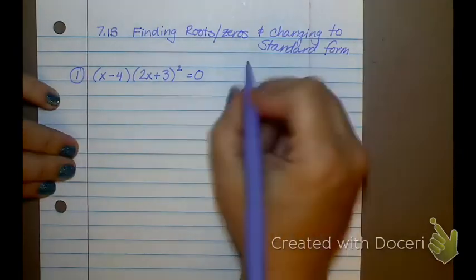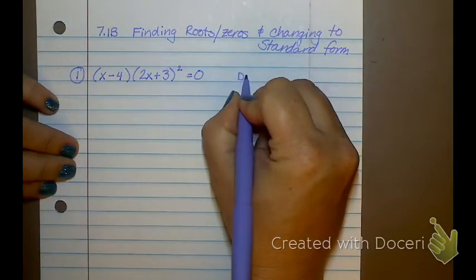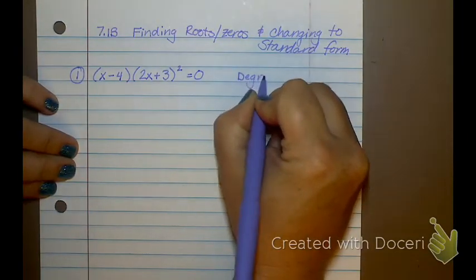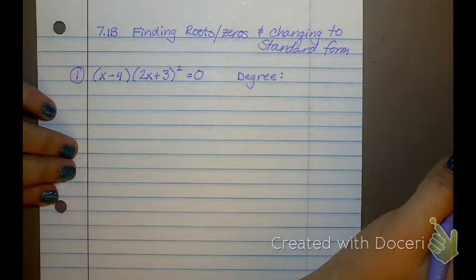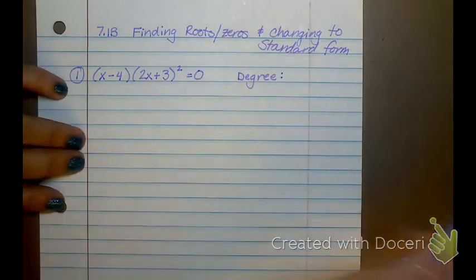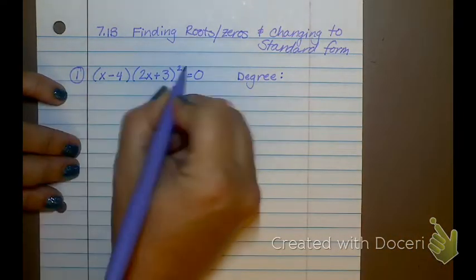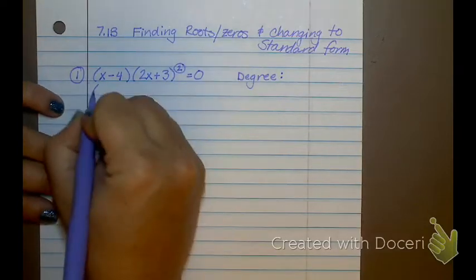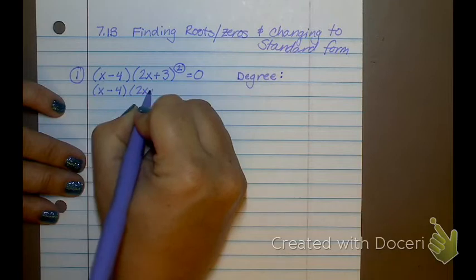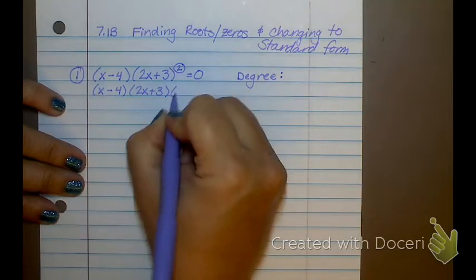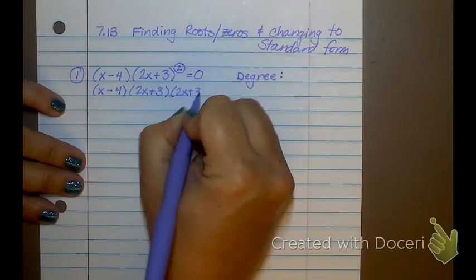But I have a question before we get our answers. First off, what is the degree of this polynomial going to be? There's an x here, but because of this, doesn't this technically mean we have x minus 4, 2x plus 3, and then another 2x plus 3?